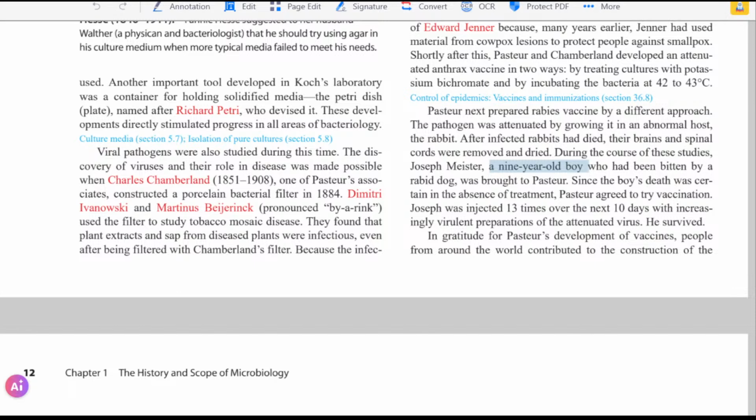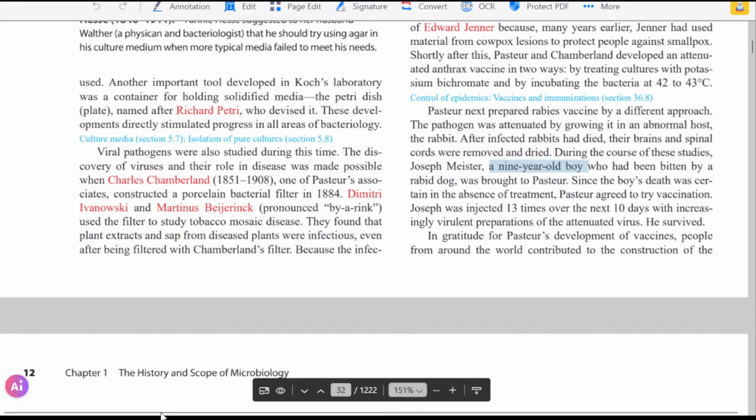Sorry for my network, it's stuck. Let me check if it is working fine.